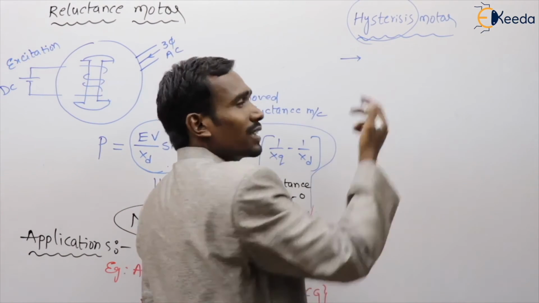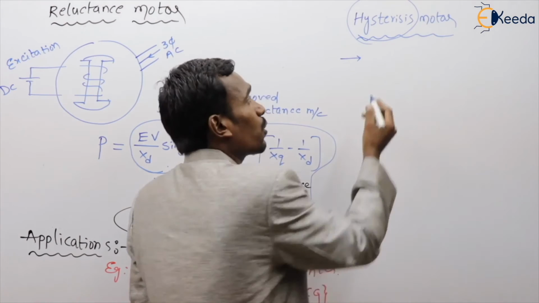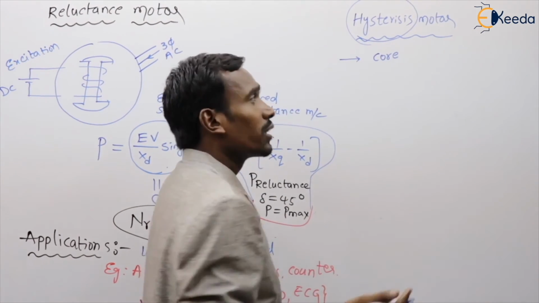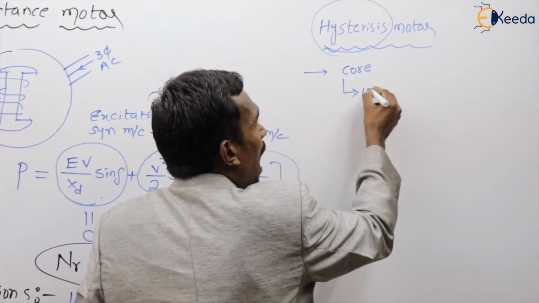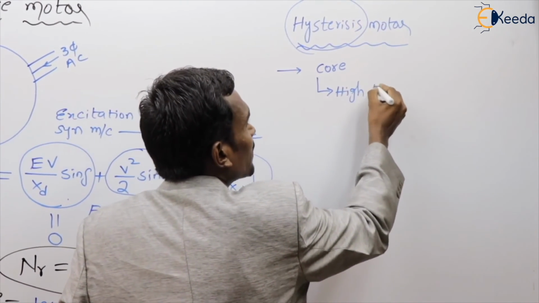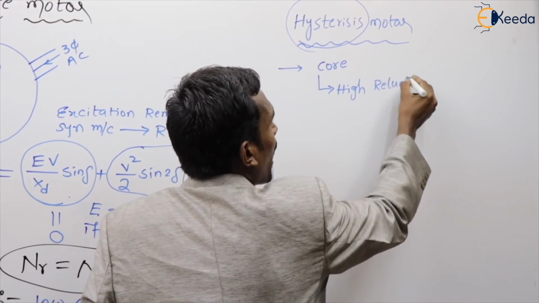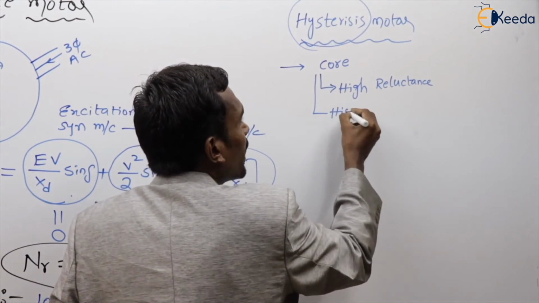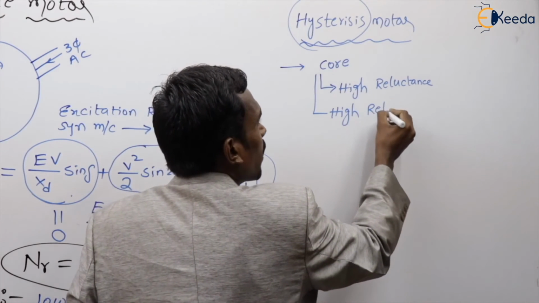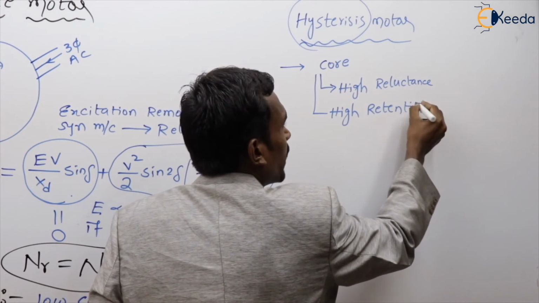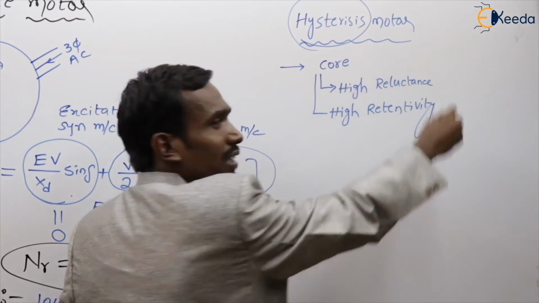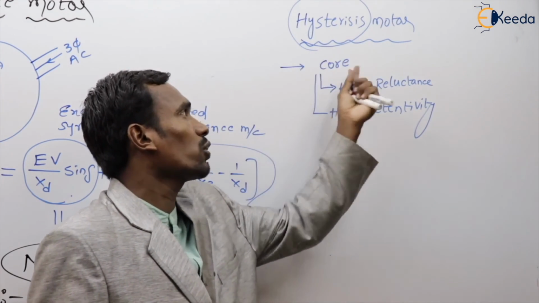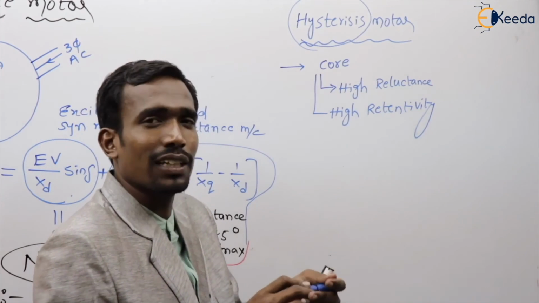Generally, in these hysteresis motors, the core should have high reluctance and high retentivity.